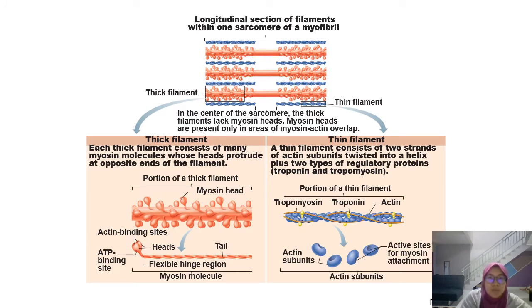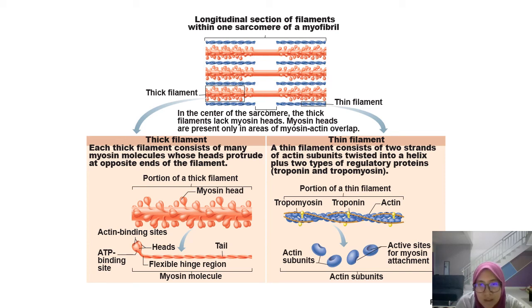Now, we enlarge the picture of the myosin and actin. So this is the thick filament, which we call myosin, the red line just now. From here you can see the myosin heads. It has two heads and a tail. While for the thin filament, the blue line here, it actually has tropomyosin.